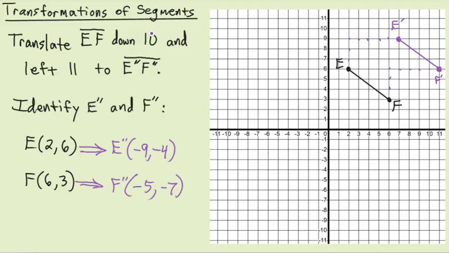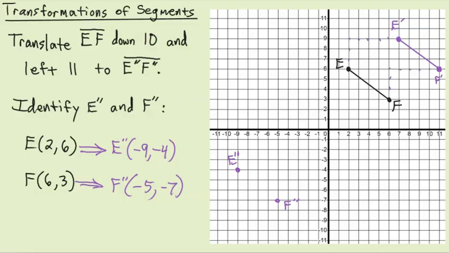So we'll go to negative 9, negative 4, here's negative 9, negative 4, that's going to be E double prime, and then F double prime is negative 5, negative 7, it's going to be right here. It's going to be our F double prime. Now let's make sure that we did this right. We went from up here.